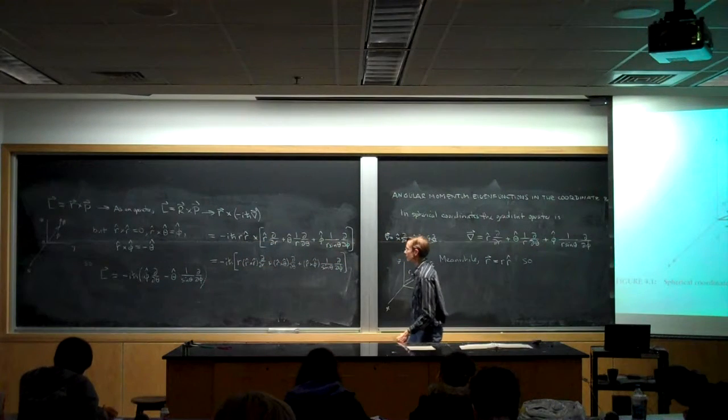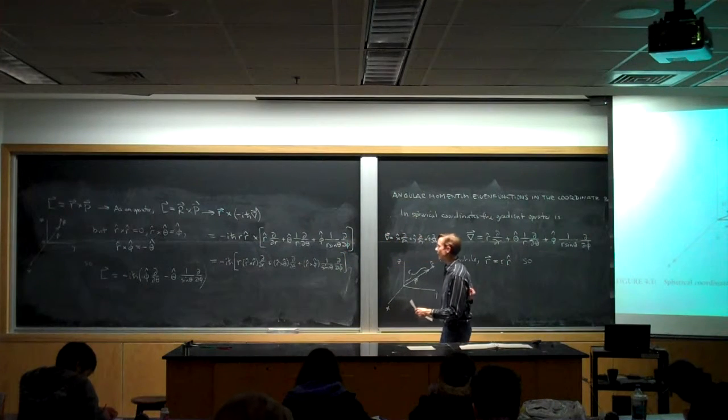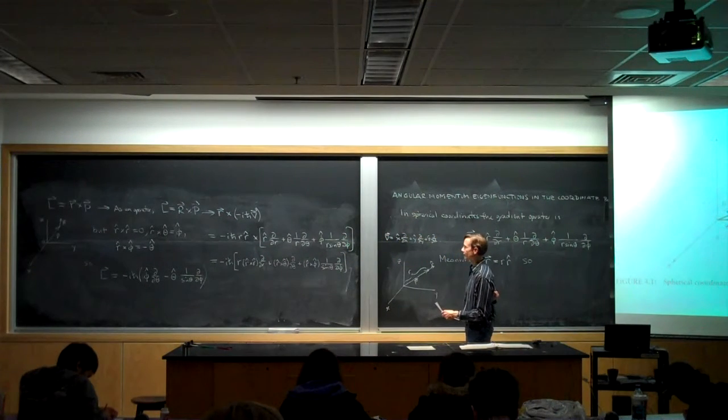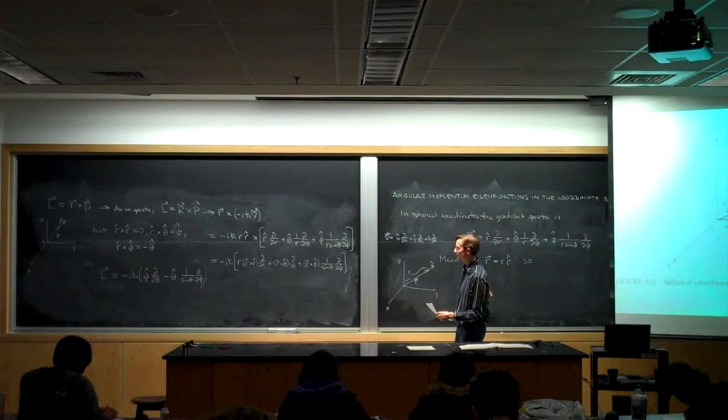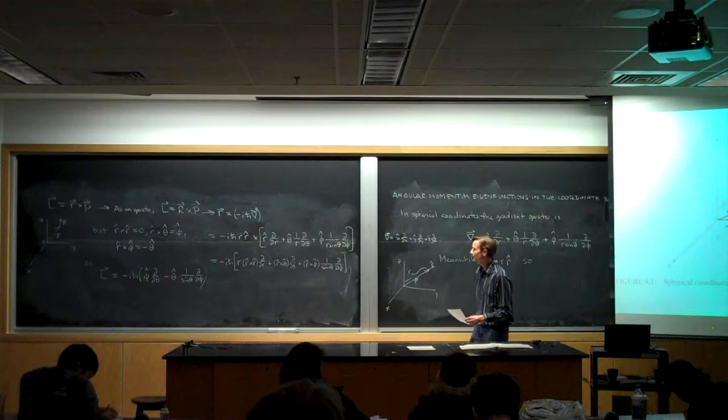Just using the fact that r hat cross phi hat is minus theta hat, r hat cross theta hat is phi hat, r hat cross r hat is 0.